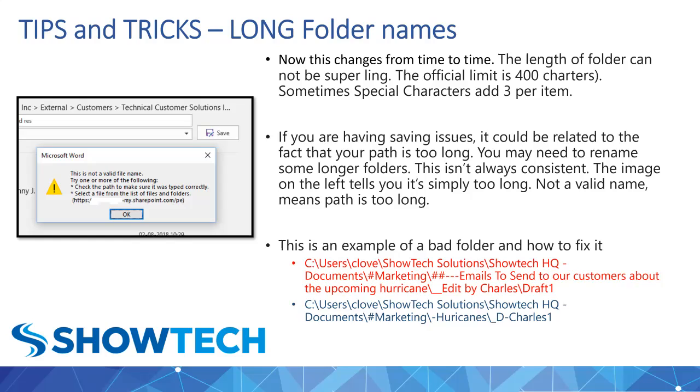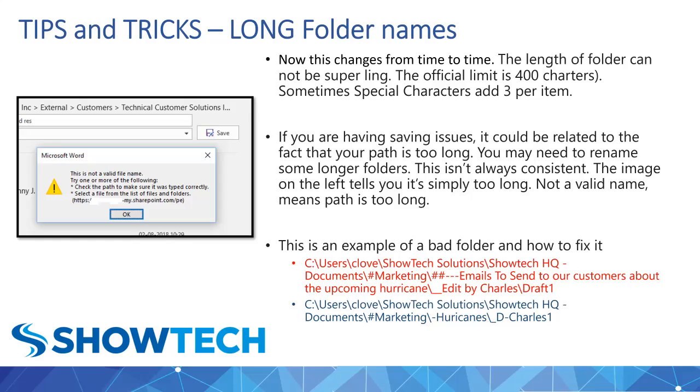I don't think backslashes count, but hashtags and underscores and dashes and things like that, those are special characters, and those are technically 3. So you notice how I have on the red, it says hashtag or pound, dash, dash, dash. So each one of those 5 characters counts for 3 items, right?